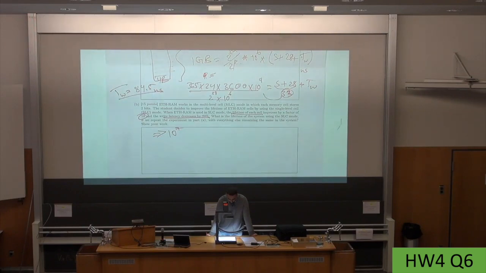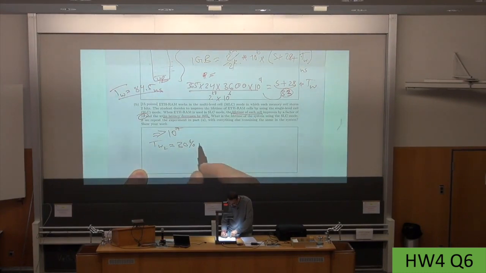So the write latency in the first part, we calculated as 84.5. And now we need to have 30% of that time delay for the new ETH RAM. So the new write latency, let's call it, is 30% of the 84.5.